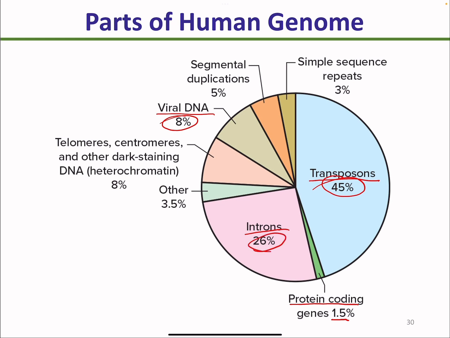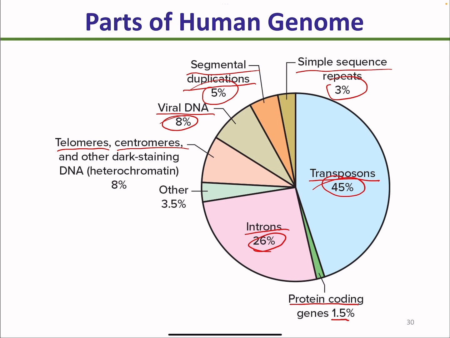Simple sequence repeats represent 3%. Segmental duplications of DNA represent 5%. And then we have telomeres, centromeres, and other pieces of genetic information that we actually don't know what they account for.